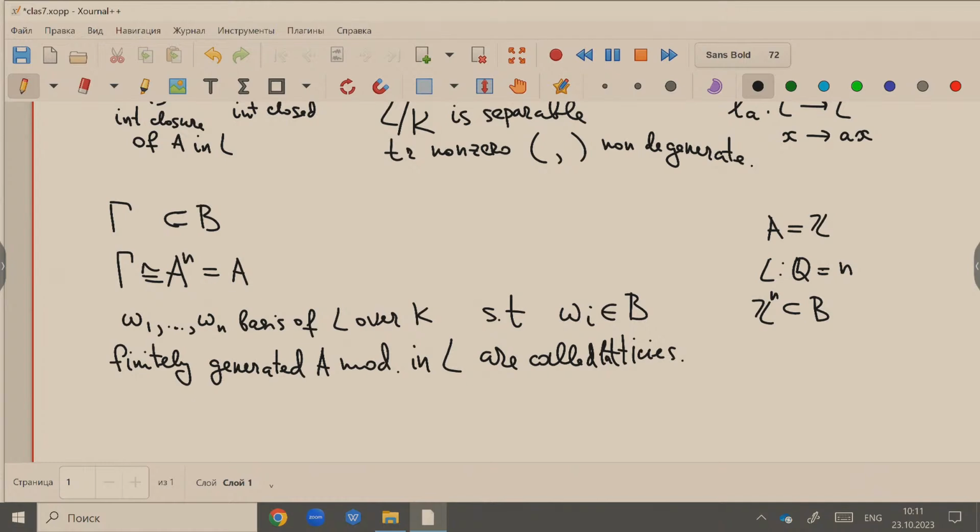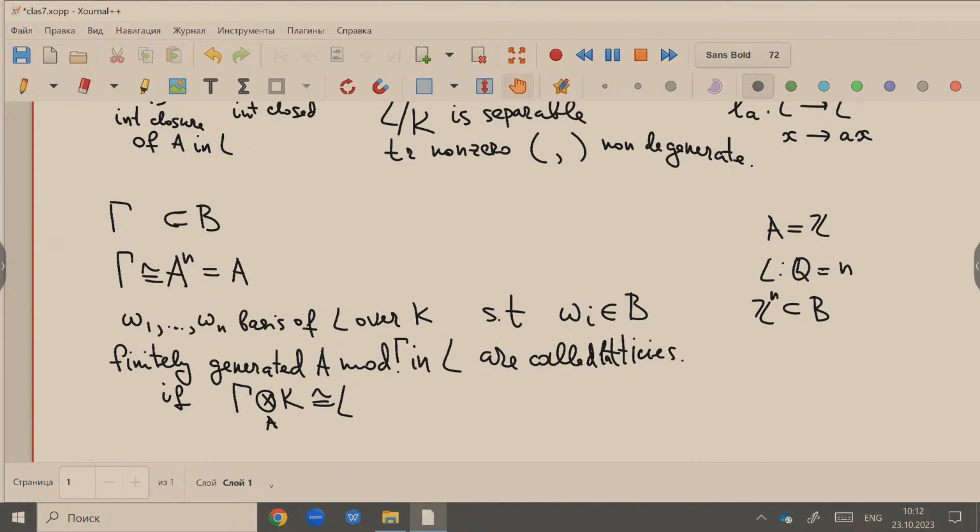So that's why they're called lattices, because they are lattices for A equal to the integers. There is also an additional property that we want: for a finitely generated module gamma in L, if one takes the tensor product of gamma over A with K, this will be isomorphic to L. So it has the largest possible dimension of the set of generators.